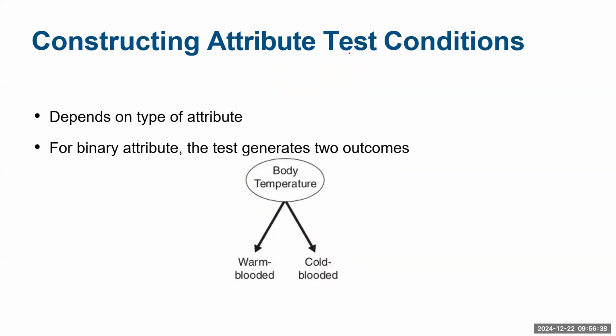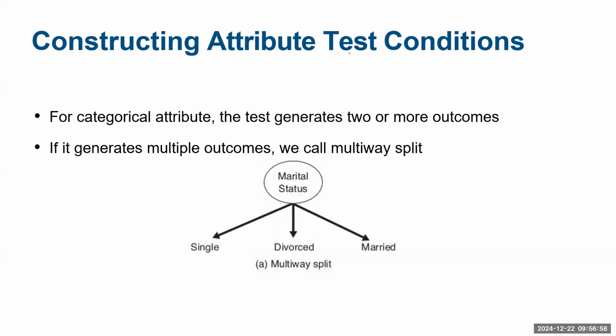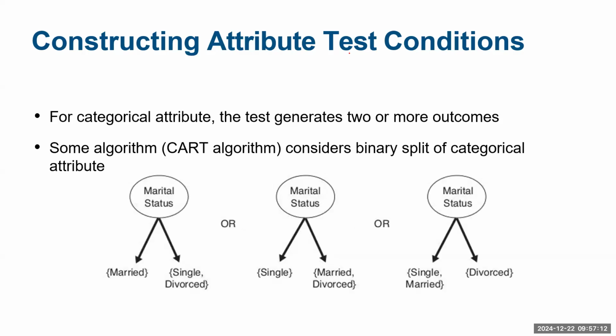Okay, so let's start with the attribute test, right? For binary, the binary attribute always generates two outcomes. For category, you can have more than two splits. You can have a multi-way split, or you can group them, right? Sometimes the order matters.